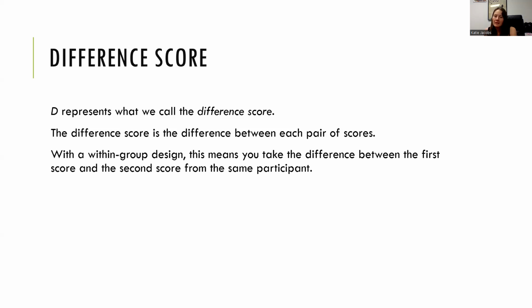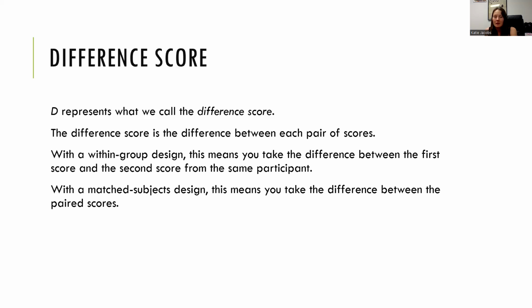With a within group design, this means you take the difference between the first score and the second score from the same participant. With a matched subject design or a matched group design, this means that you take the difference between the paired scores. So if you remember when we did our example, we IQ tested all of our participants and put them in order from the highest IQ to the lowest IQ.